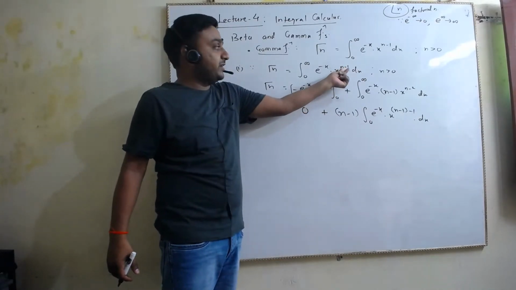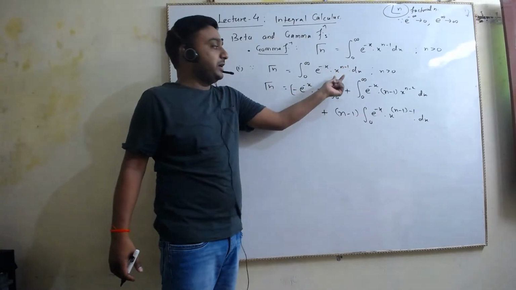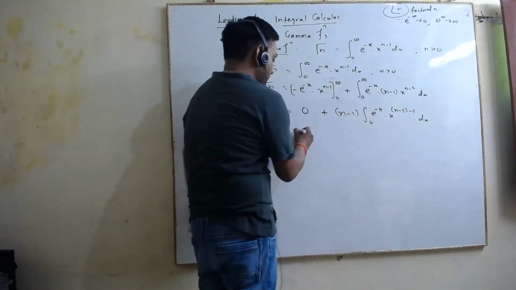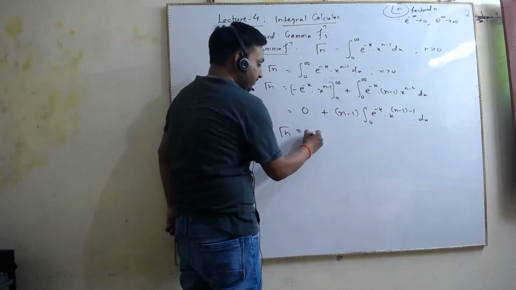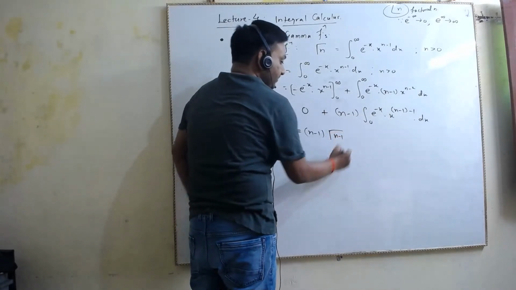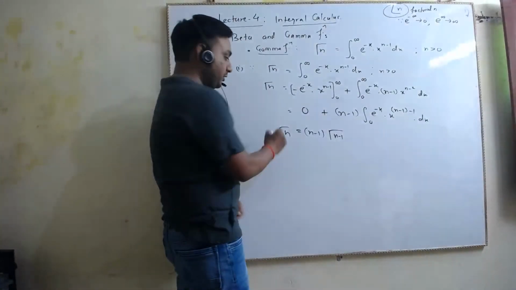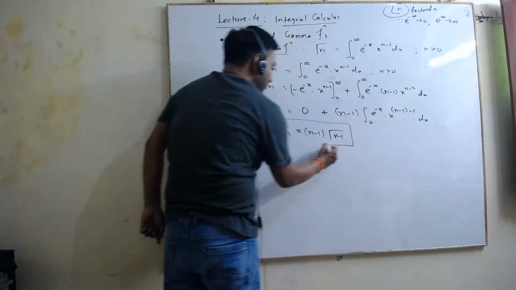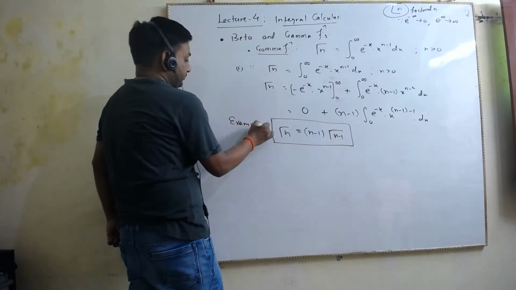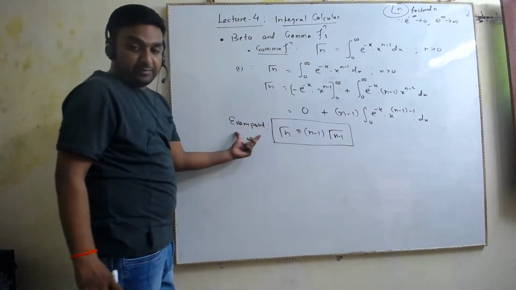So whenever n minus 1 is not looking here, we will try to make it in the form of n minus 1. So what you got, dear fellows, is gamma n minus 1. Can I write this as gamma n minus 1? So this is a point to remember. This point you will remember.